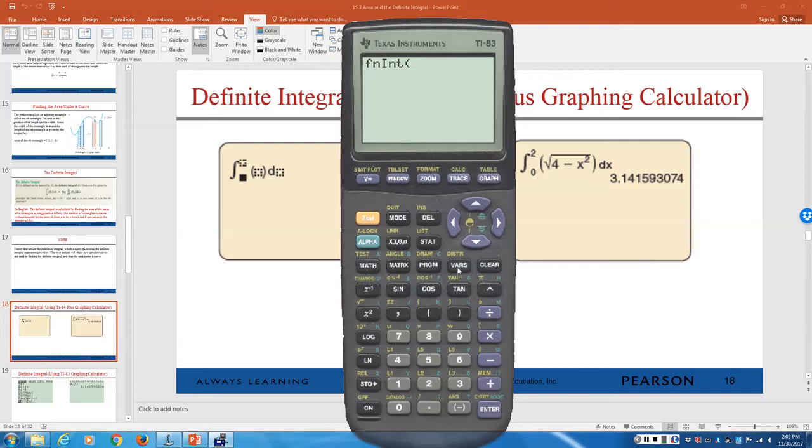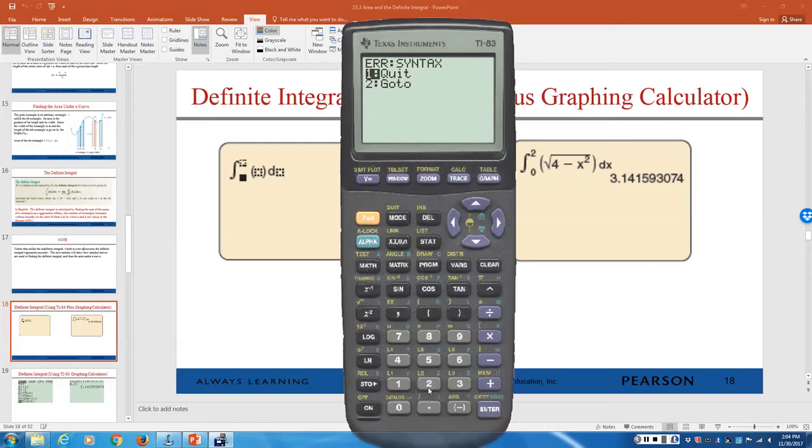So my function is in y1. Now yours may ask you this in a different order because it just depends on which one it is. I'm going to begin at 0. I'm going to end at 2. And my derivative is with respect to x. So there's your dx. Now I may be backwards on how to put those in, so be patient with me a second.